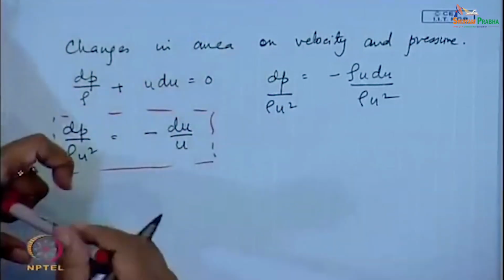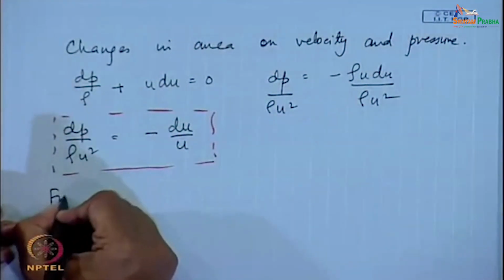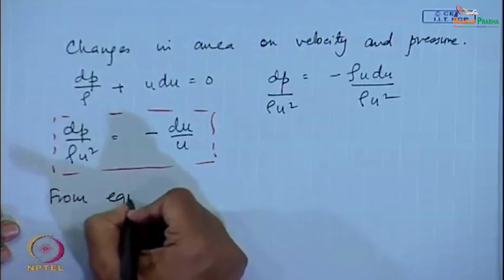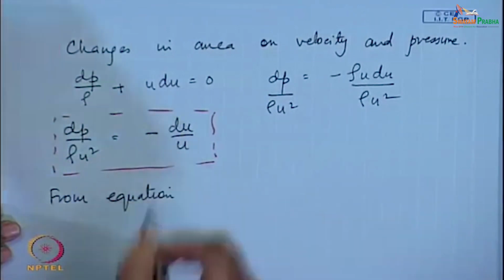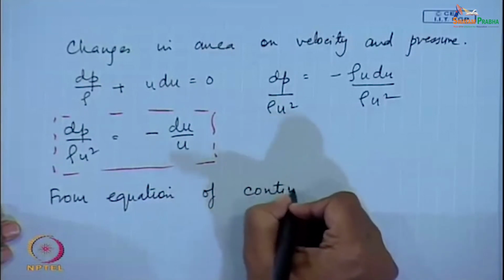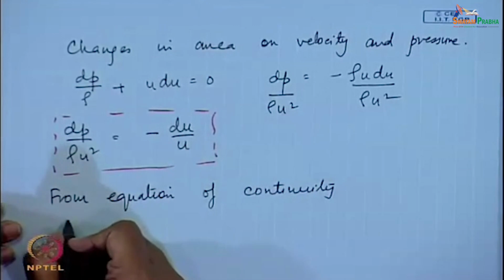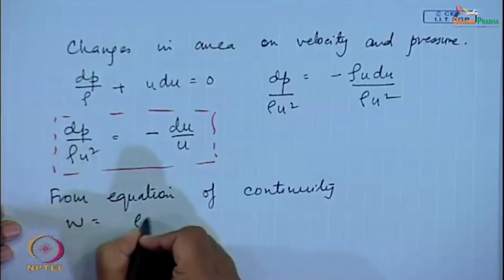Now, from the equation of continuity, we all know W equals to rho A u.